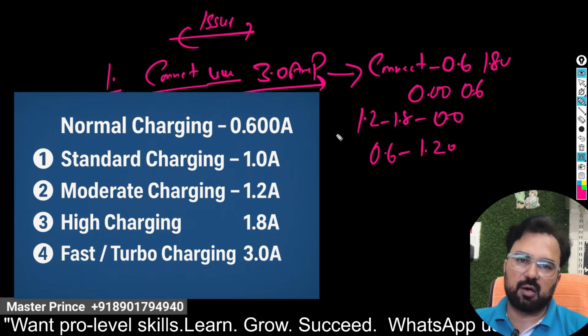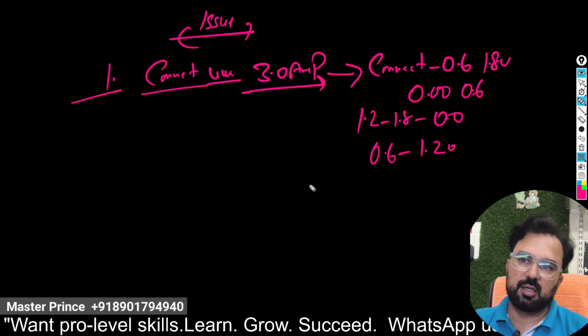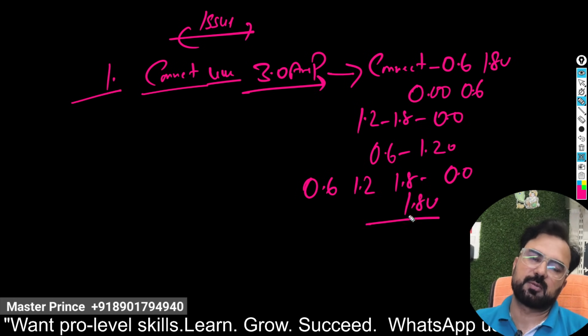When you connect it after switching off, it goes to 0.6, 1.2, 1.8, and then the charging starts. That means your phone charges.